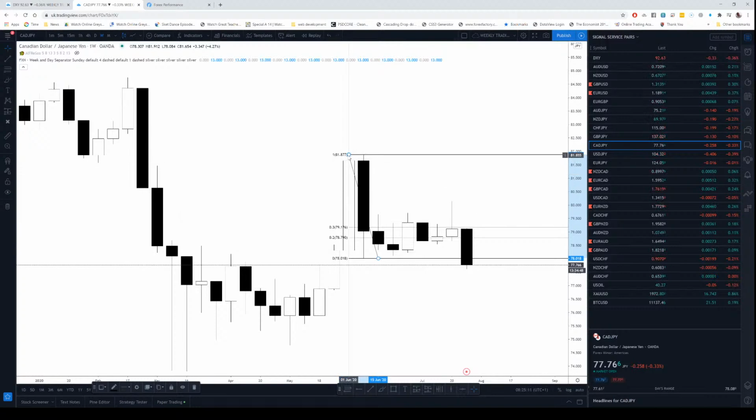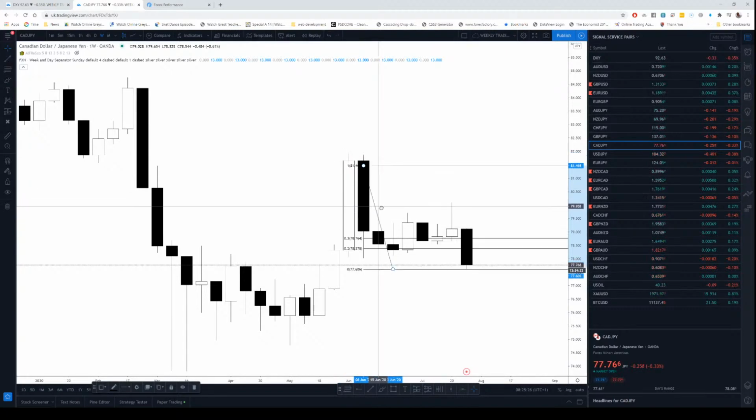Every week we go in looking for that, especially if we had a one-way direction, meaning from Monday to Friday we go down, or Monday to Friday we go up. We look for that kind of trade idea on Friday during New York.